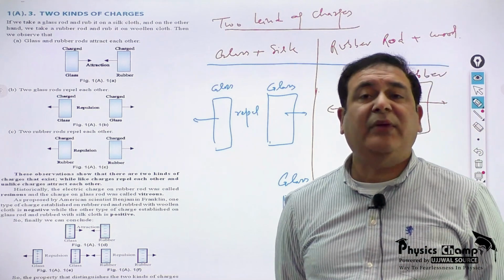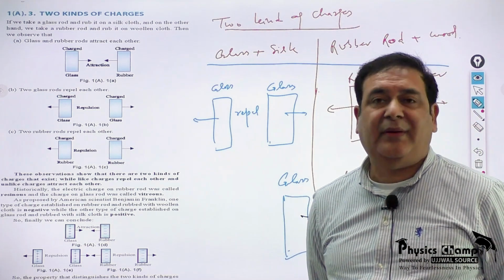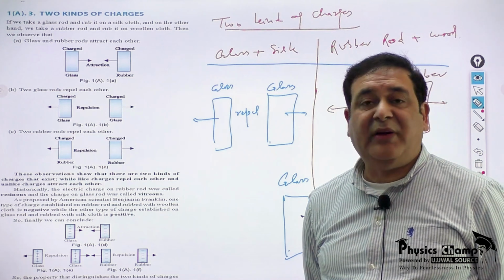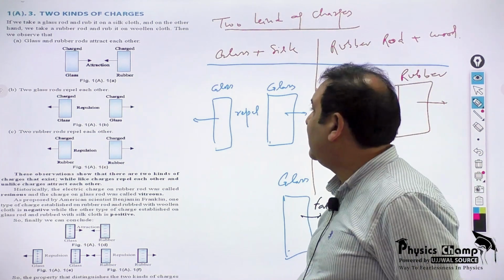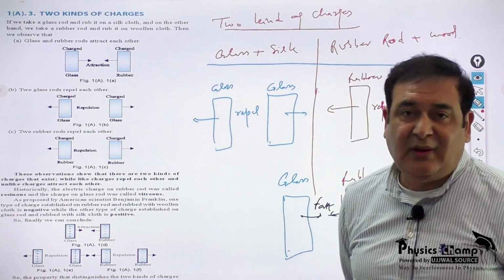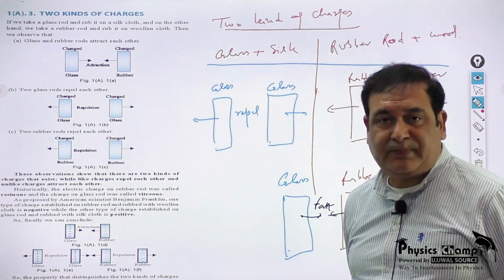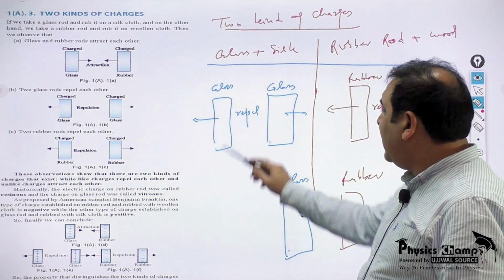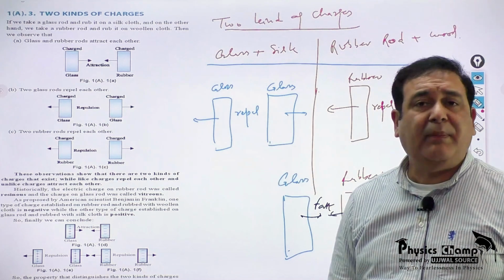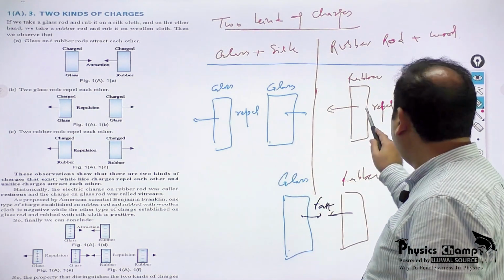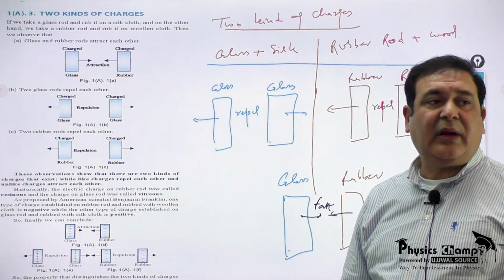So from here we can conclude that there are two kinds of charges. One is the kind of charge which is on the glass rod, and one is the kind of charge which is on the rubber rod which was rubbed on wool. If similar charges are brought close, they repel each other. Like similar charges on two glass rods or similar charges on two rubber rods, they are repelling each other.